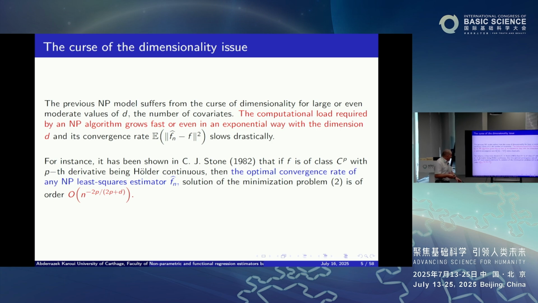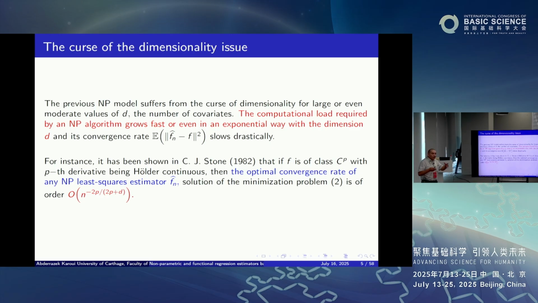If your convergence rate is of exactly this order, n to the power minus 2p over 2p plus d, you have a good estimator. This is what we're going to do. We have developed an estimator and submitted this work to a journal. The first question is: is it a good estimator? Does it converge fast? If you are able to prove this convergence rate, you won.